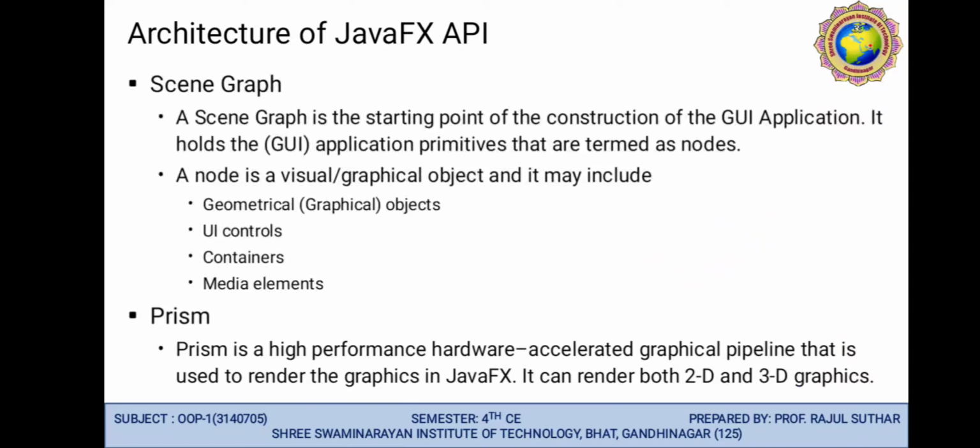DirectX 9 is available in Windows XP or Vista, but DirectX 11 is available in Windows 7. If you are working with Windows Media Player, then this type of error will occur if your hardware is not accelerated properly. So this is required.